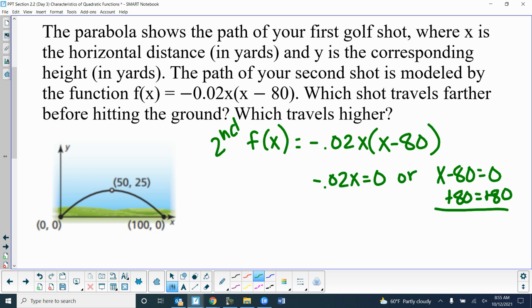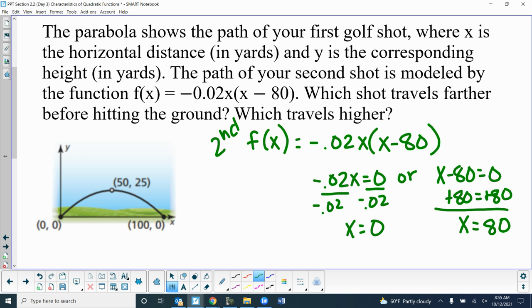What's 0 plus 80? 80. So one of my x-intercepts is 80. How do I solve for x here? Divide by negative 0.02. What's 0 divided by anything? 0.